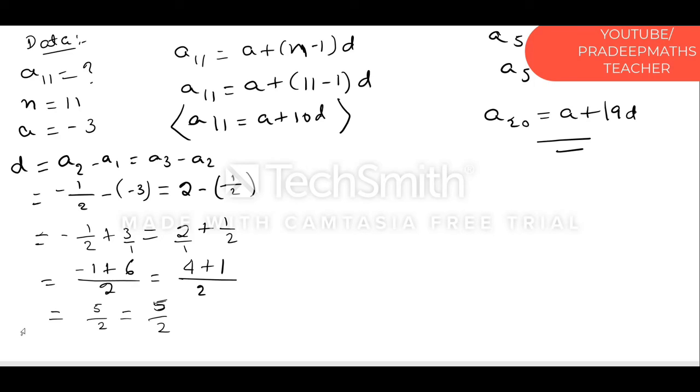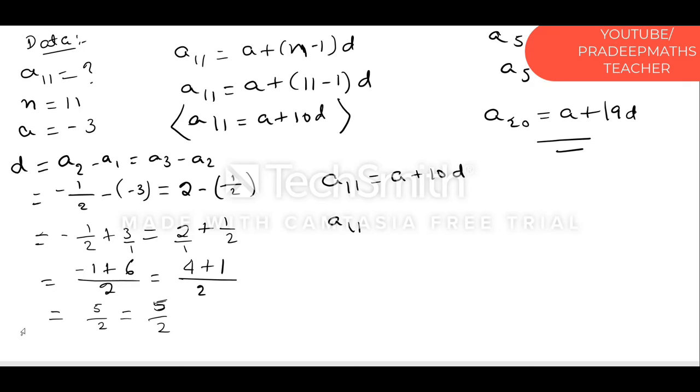Simple, I already told you, if the common difference is the same, then the given terms are AP terms. Okay, now you got the common difference, just apply it in the place of d, and you'll get the a11th term. So the a11th term equals a plus 10d is the formula, right?